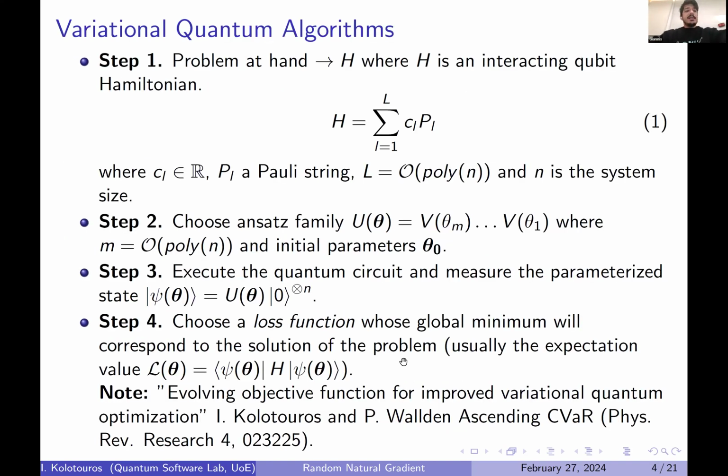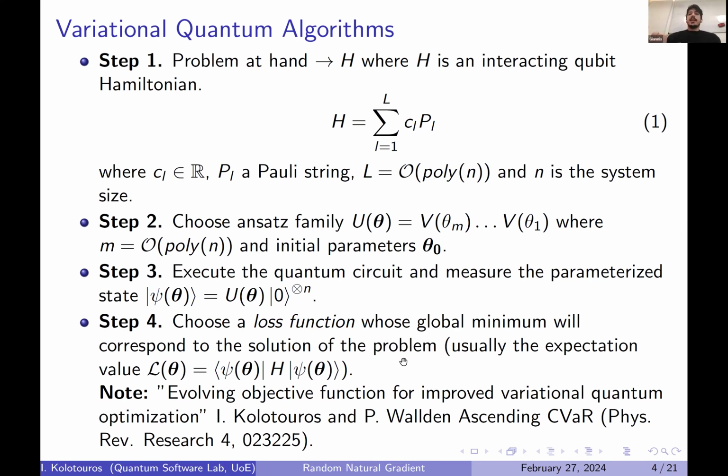Now, I'm going to give you a small introduction on how variational quantum algorithms work. Actually they are pretty simple. You're given a mathematical problem that you want to solve, and you map this problem into a Hamiltonian whose ground state corresponds to the solution of your problem. This Hamiltonian can be decomposed as a sum of Pauli terms, which scales polynomially with the system size of qubits.